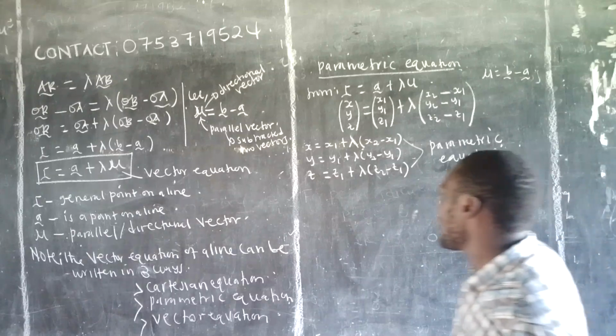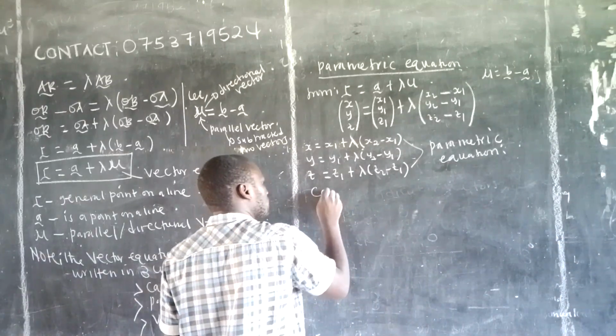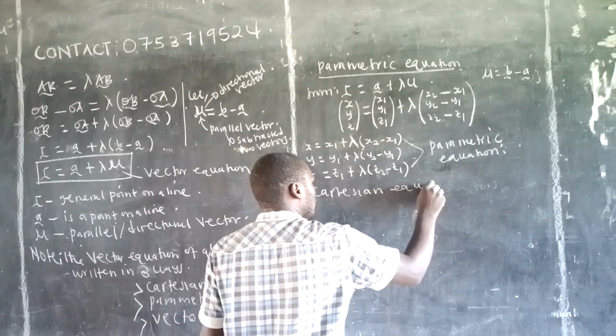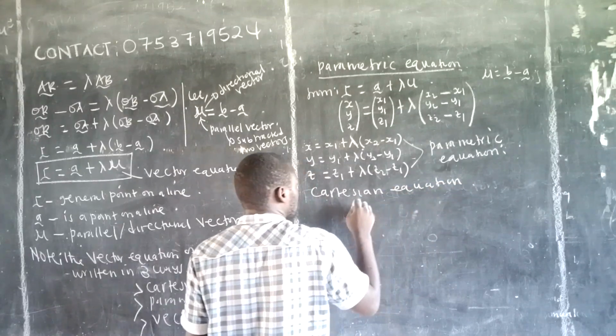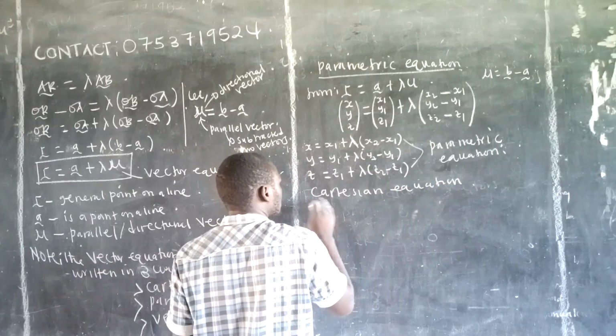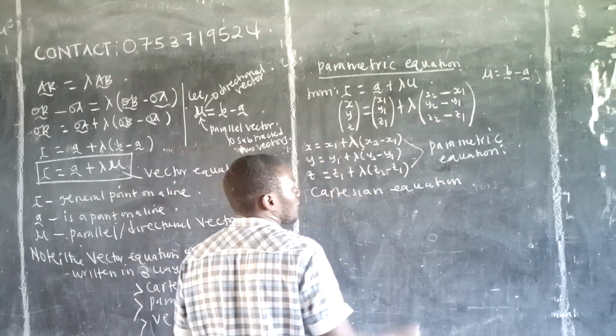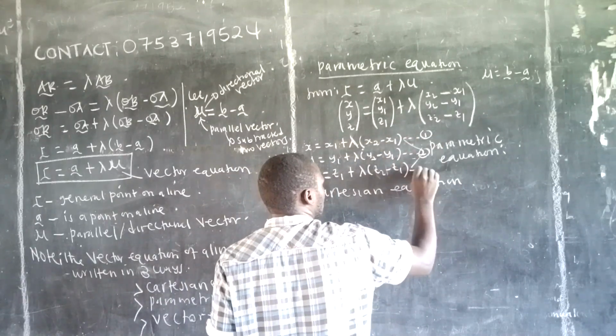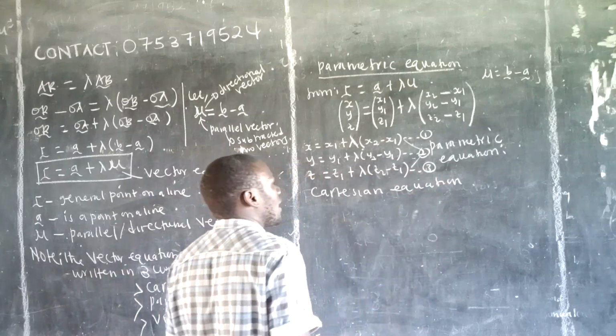Then let's see, how do we write a Cartesian equation? To write a Cartesian equation, allow me to call these equation 1, equation 2, and equation 3. How do we write it in Cartesian form?